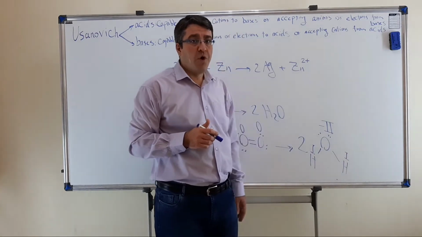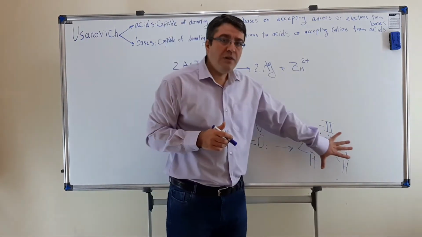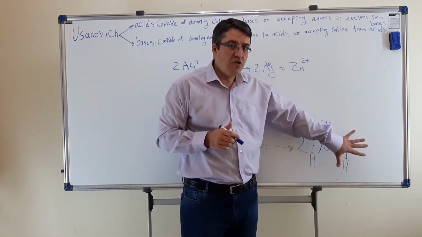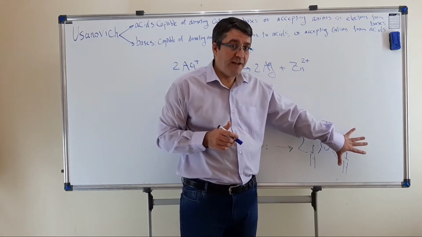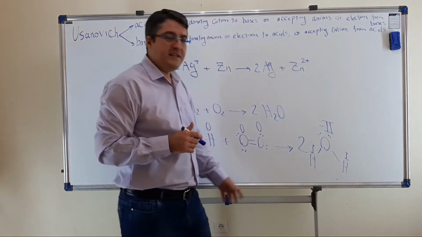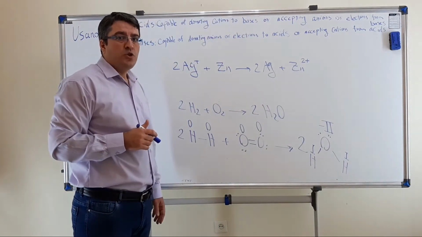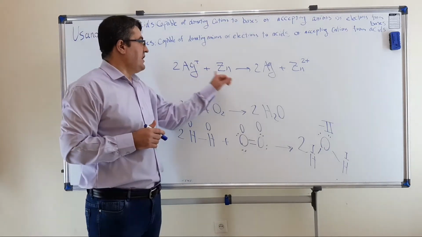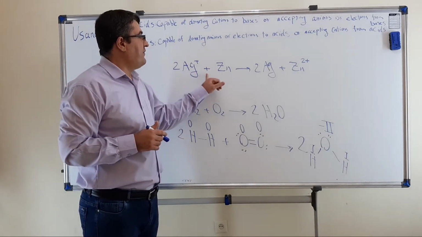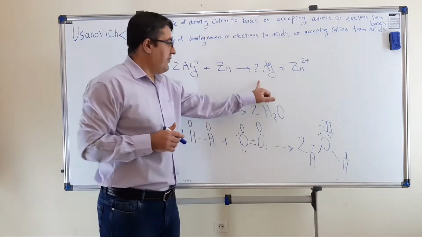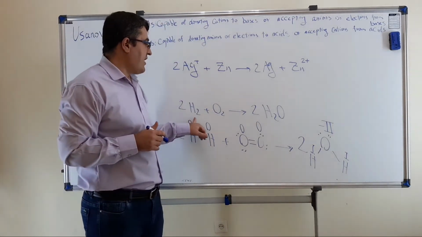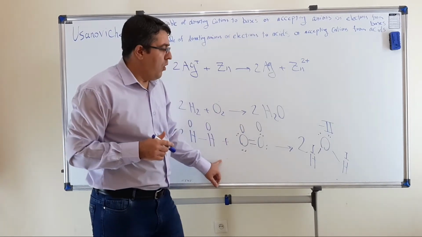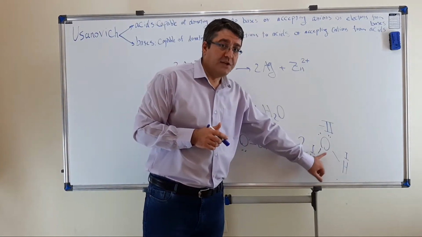Or from another point of view, here we only have partial transfer of electrons, not complete transfer of electrons. So we see we can consider 2 different types of redox reactions. Redox reactions in which transfer of electrons is real, redox reactions in which transfer of electrons is formal, or from other point of view, it is partial.